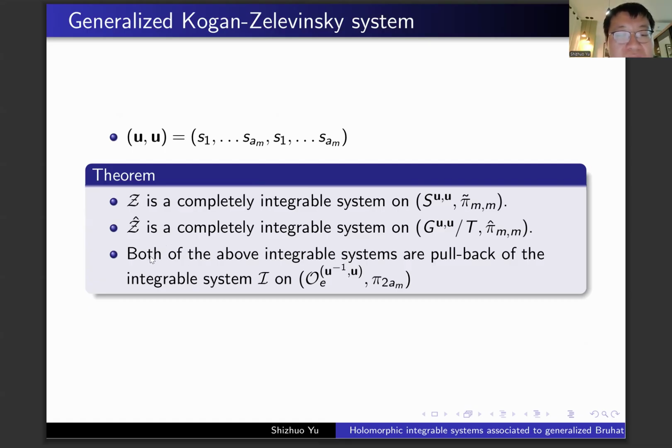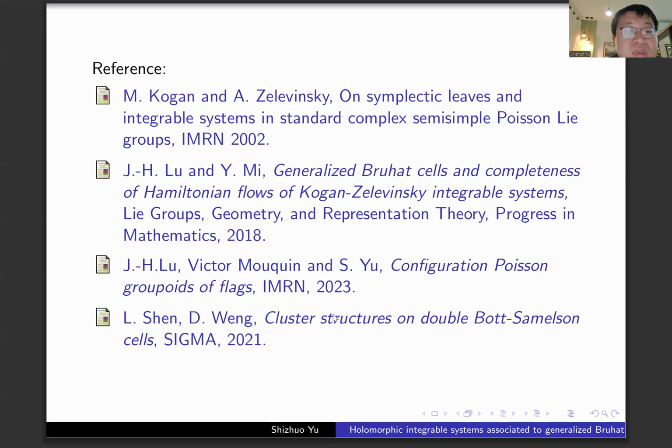Both of the above integrable systems are pullbacks of the integrable systems of I on the reduced double Bott-Samelson. In other words, the generalized Kogan-Zelevinsky integrable system on the generalized double Bruhat cells comes from the pullback of the integrable system of this I on the generalized Bruhat cells.